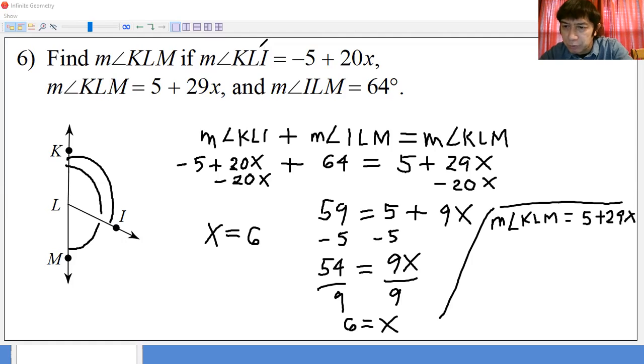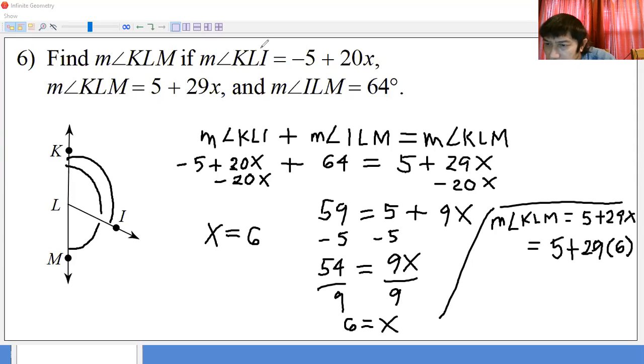This is equal to 5 plus 29 times x, and x happens to be 6. And so we will have to multiply 6 and 29.